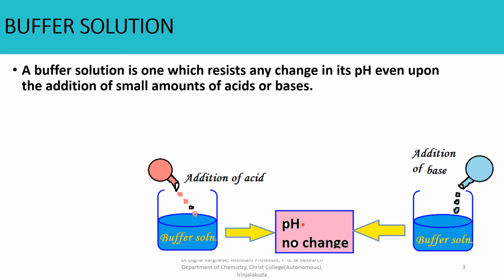If we measure the pH of this solution, there is no change. To the buffer solution, a small amount of acid is added, pH is measured, there is no change. Such solutions are known as buffer solutions.